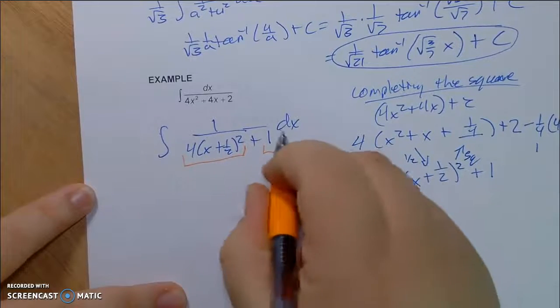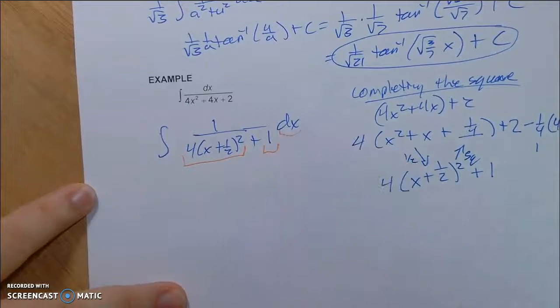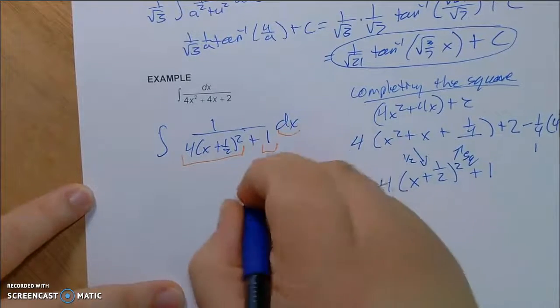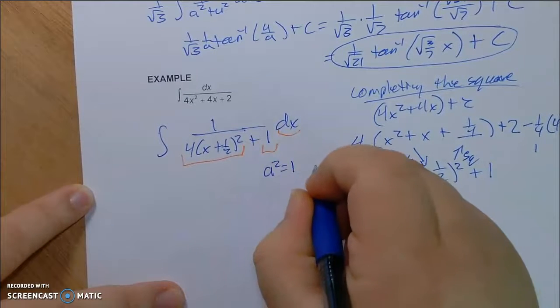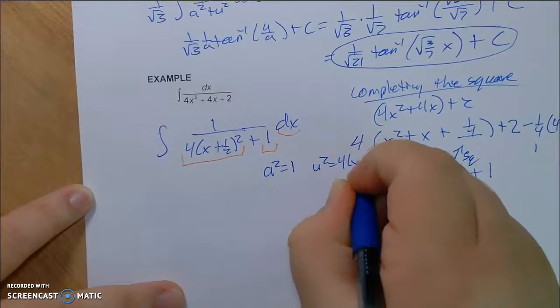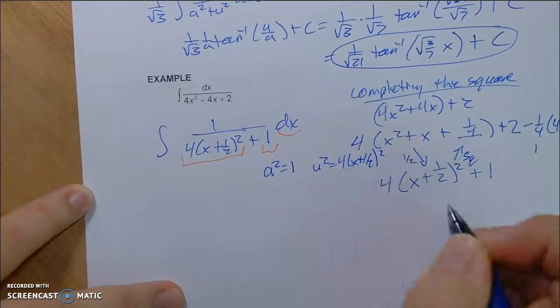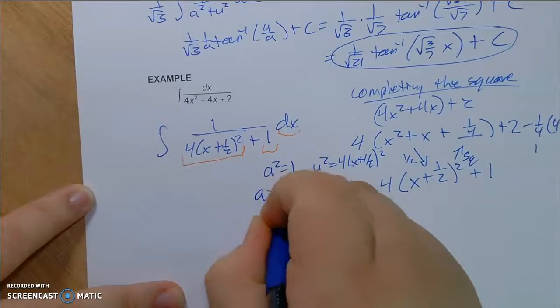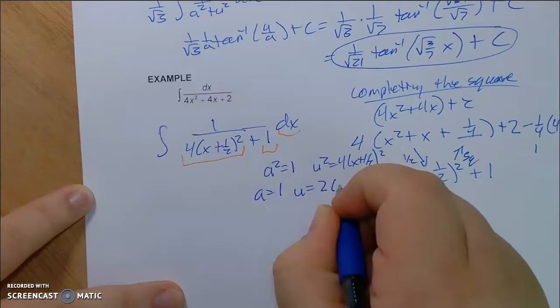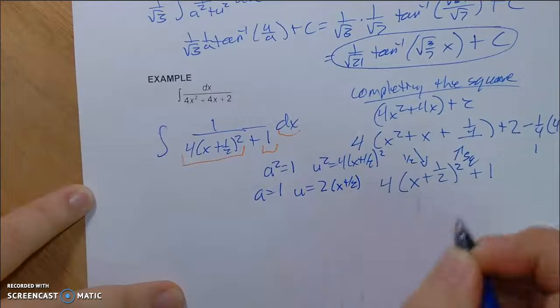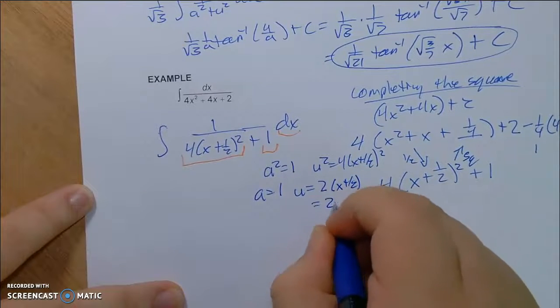So this is a constant, and this is our variable. So a squared is 1. Notice it's over here this time. U squared is 4 times x plus 1/2 squared. So a is 1, u is 2 times x plus 1/2, which simplifies to 2x plus 1.